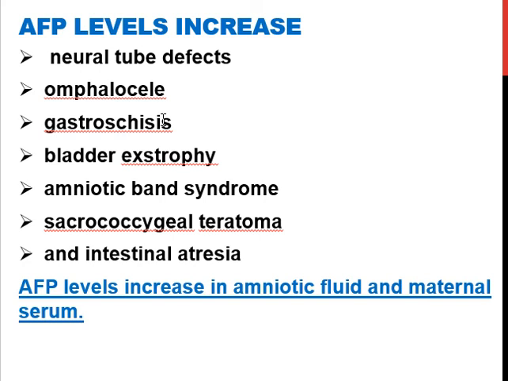If the alpha fetoprotein levels increase, then a fetus may have neural tube defects, omphalocele, gastroschisis, bladder exstrophy, amniotic band syndrome, sacrococcygeal teratoma, and intestinal atresia.